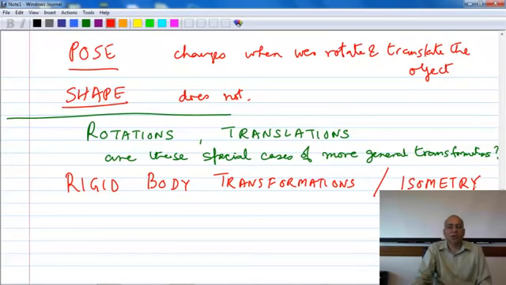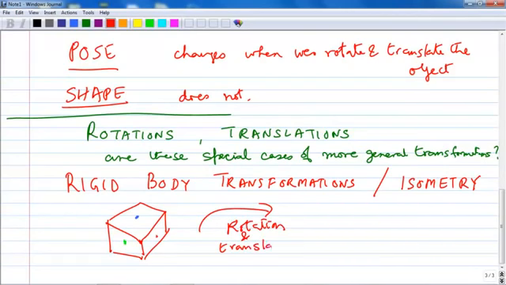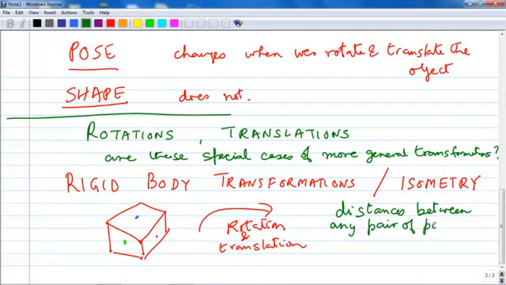So if I have, let's say, a cube, so I consider this cube, and then I can take some points on this cube, and if I move this by some rotation and translation, what will happen is that the distances between any pair of points will remain unchanged.